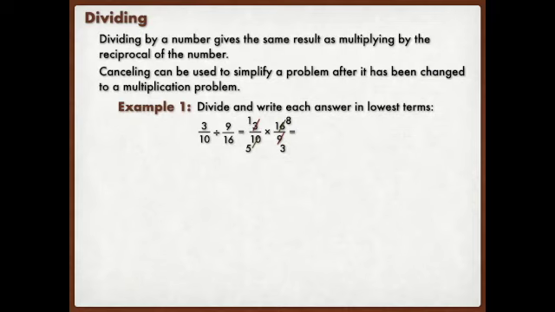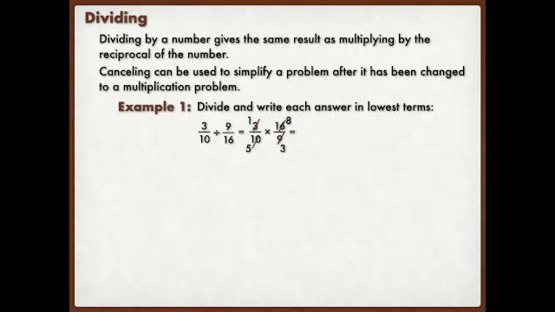So now I'm going to flip 9/16 into 16/9. I changed the division into a multiplication, and now I can cancel. 3 goes into 3 one time, 3 goes into 9 3 times. I can cancel that.